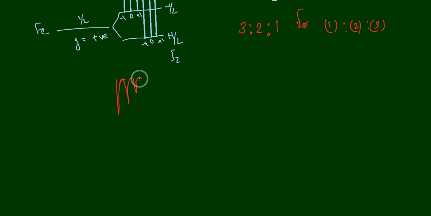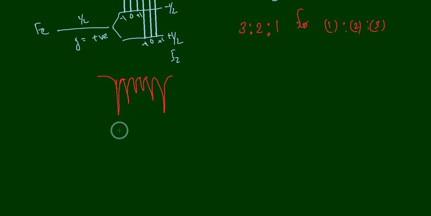Now we are again considering the other members of the pairs. It will be like this, because this comes from the third pair, this comes from the second pair, and this comes from the first pair. So it will be symmetric like this.